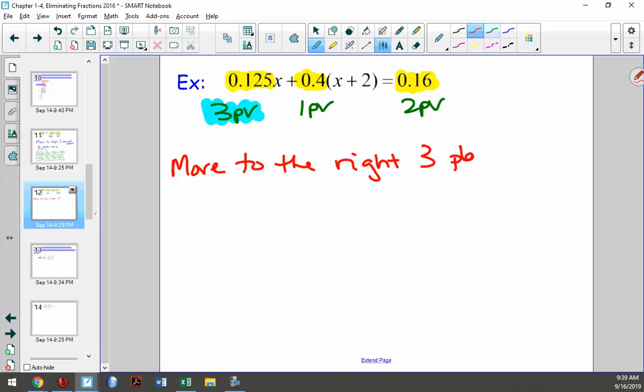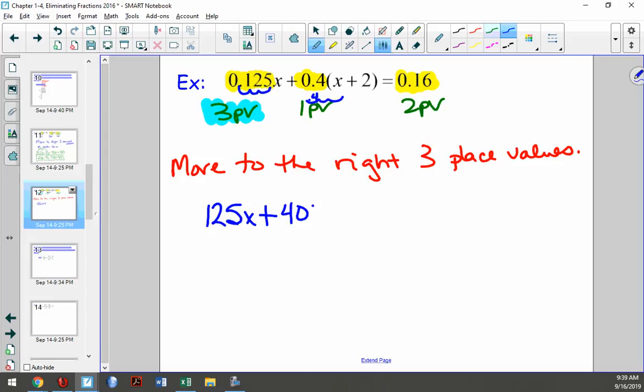Three place values. So what this means is I'm going to have, instead of 0.125, 1, 2, 3, 125x plus, well, the 0.4 is now going to turn into 1, 2, 3.